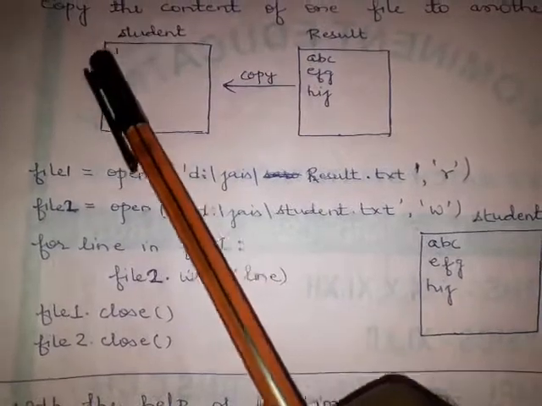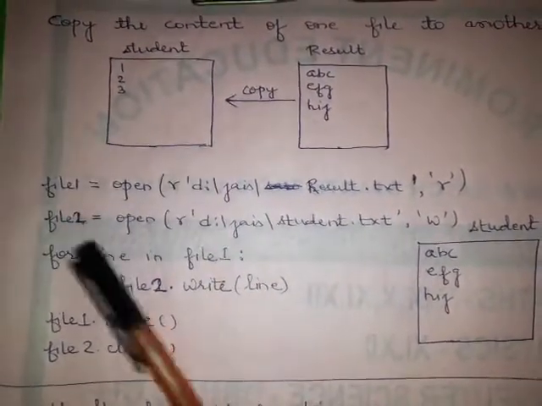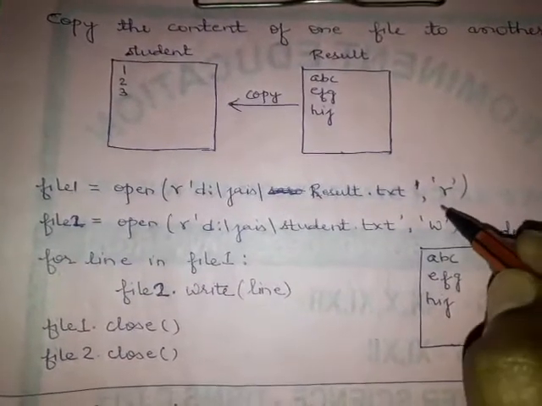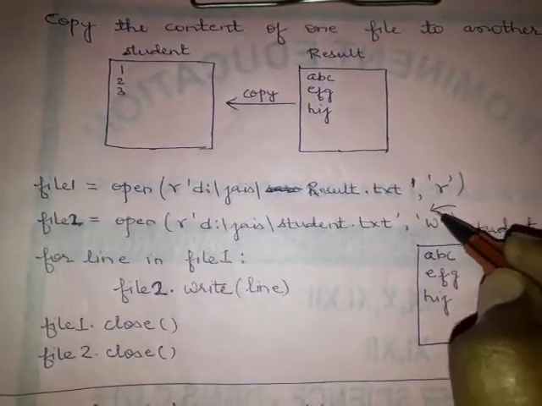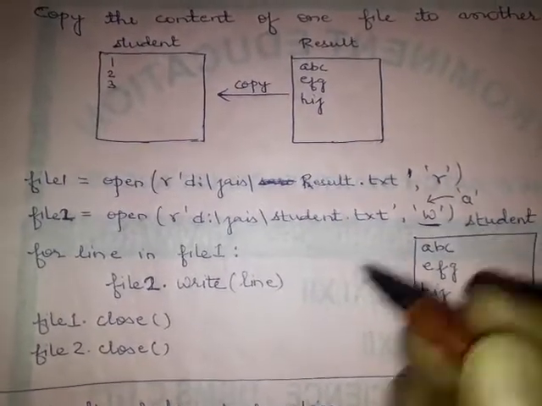If you want to maintain the previously written content in the file student, there is a little change. You can change write mode to append mode. You can use append mode in place of write mode.